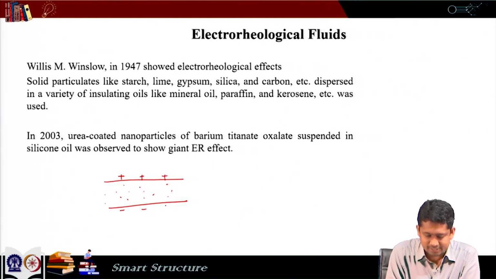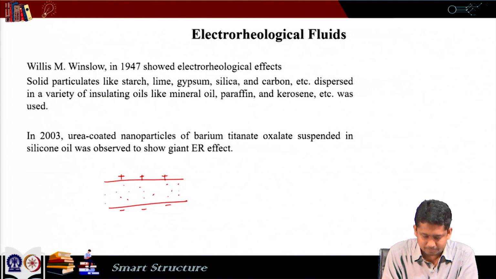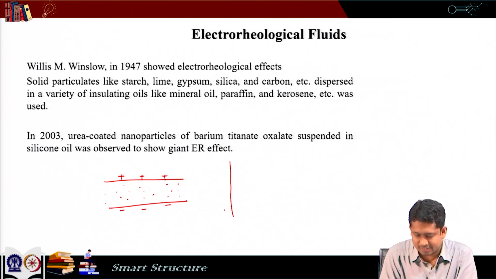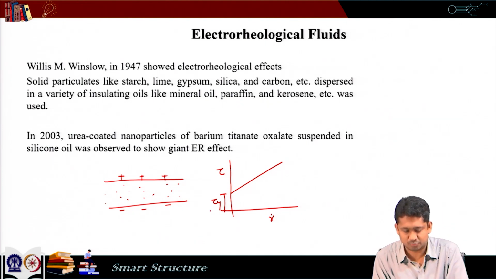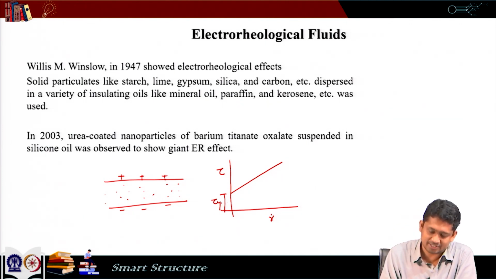So, by giving an electrical signal, the damping can be controlled, and in this material an ideal graph looks like this. This is shear strain rate, this is stress, and the graph looks like this. So, this is called the yield stress. For the flow to happen, the yield stress has to be overcome, and this yield stress can be controlled by the electric field also.